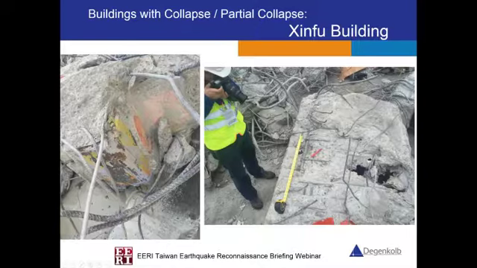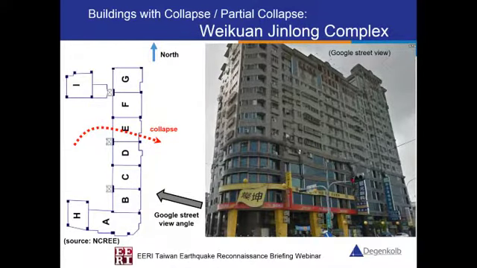The next building is the one where major casualties occurred. The left-hand side shows the plan view of the building. It contains a 9-unit residential complex. During the earthquake, it collapsed to the east side of the building. The right-hand side shows the Google Street View from the east side of the building. You can see that there's a cantilever portion at the bottom floor, and fewer columns supporting the upper structure.